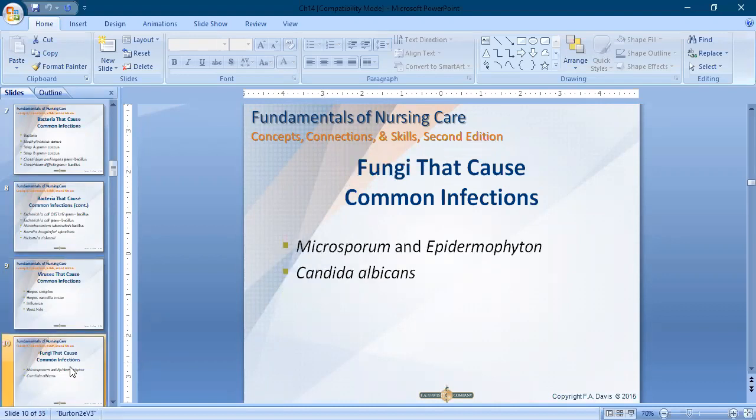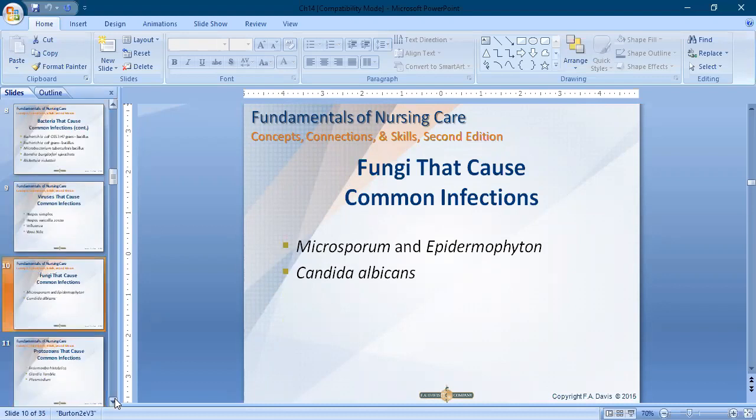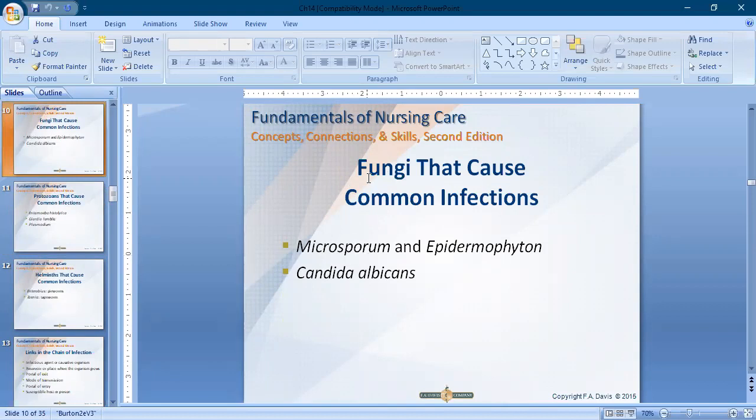Go next here. They are called the fungi. Some of the fungi cause fungal infection, especially in immunocompromised patients, called Candida albicans. Fungal infection in the mouth is called Candida albicans.